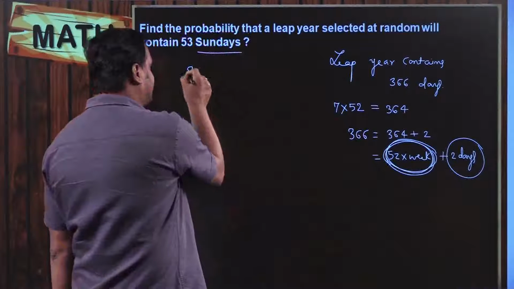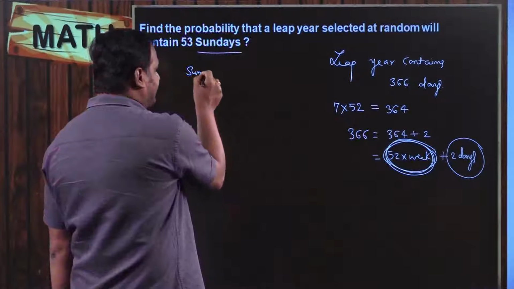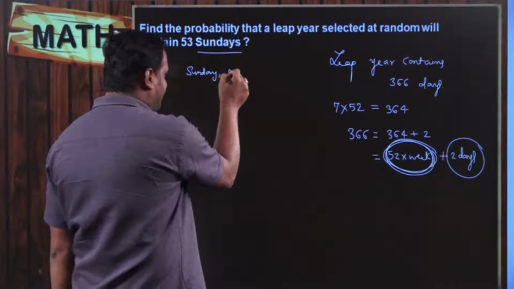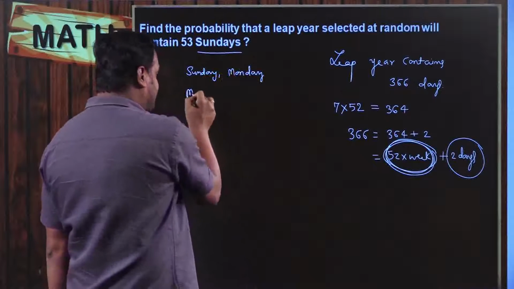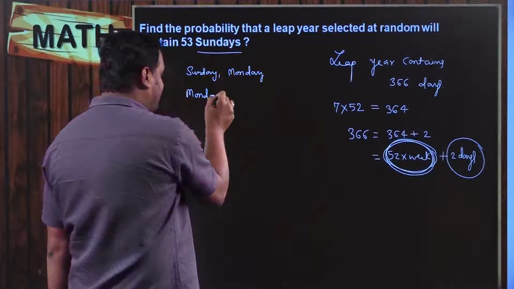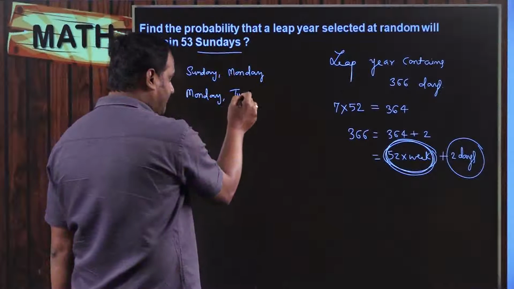Those 2 consecutive days, let us start with Sunday, are Sunday as well as Monday. These are 2 consecutive days. Otherwise, Monday and Tuesday.